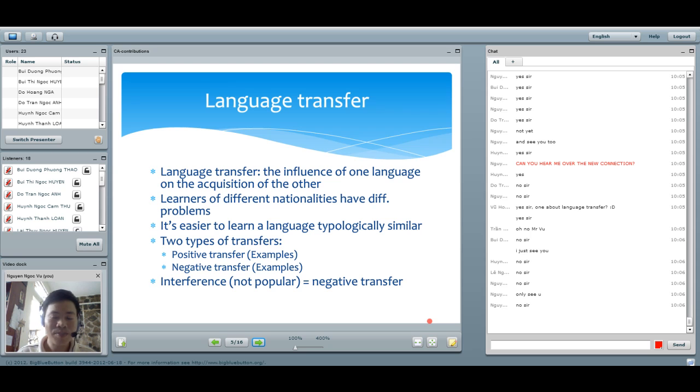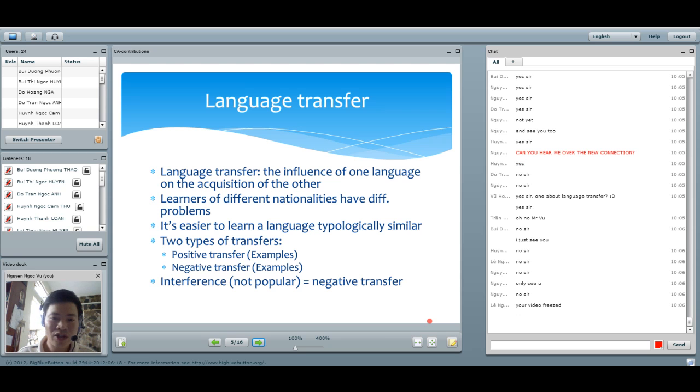Another very big important contribution of contrastive linguistics to the language teaching is works on language transfer. Basically, language transfer can be understood as the influence of one language on the acquisition of the other.